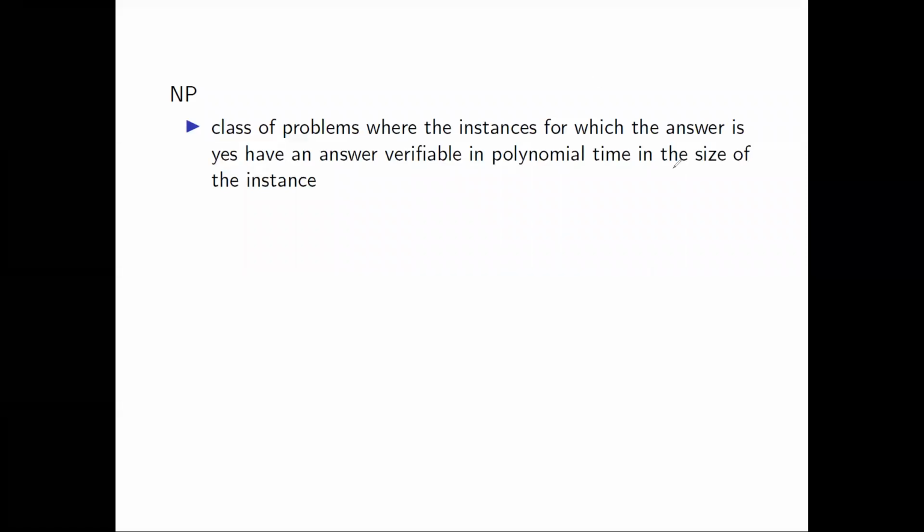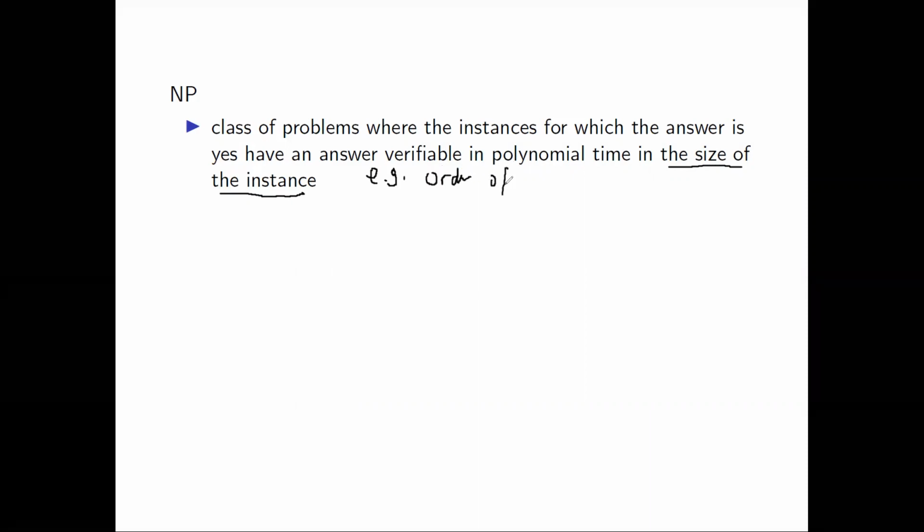So the size of the instance for graphs, for example, that would be the order of the graph. And when we say polynomial time right here, I just want to mention, like I mentioned in the last video, that we mean polynomial time on a deterministic Turing machine. In other words, a classical computer.